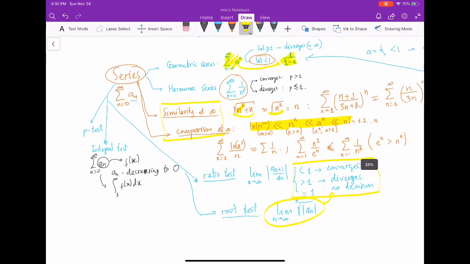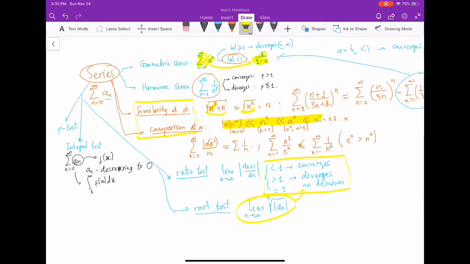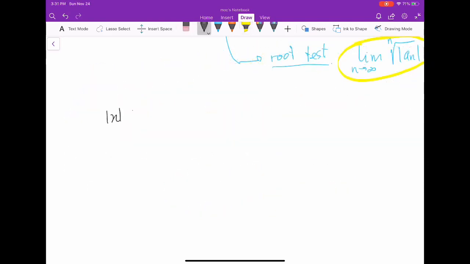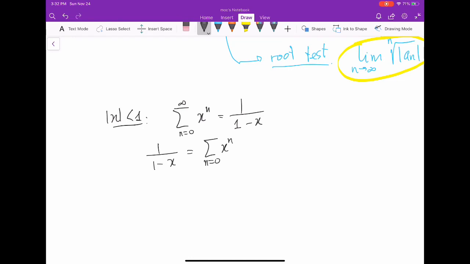Okay, now let's move to functional series. When the absolute value of x is less than 1, the series sum of x to the n from 0 to infinity equals 1 over 1 minus x. If you look at this formula in another order, 1 over 1 minus x equals the series sum of x to the n from 0 to infinity.